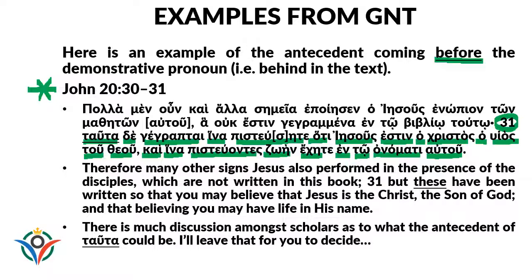All right, so we translate that verse 31 as, but these have been written so that you may believe that Jesus is the Christ, the Son of God, and that believing you may have life in his name.